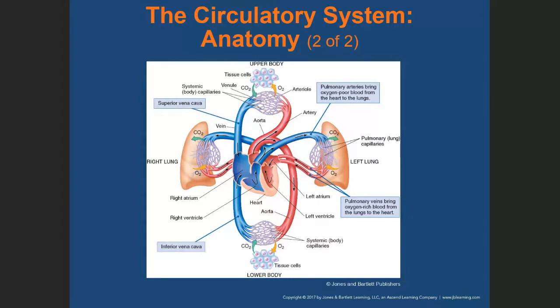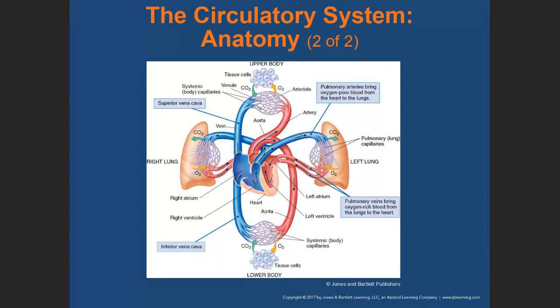That's the septum. Now, within the heart, there are valves and there are valves outside of the heart, right? So you have valves within the heart and you have valves within the pulmonary artery and you have valves in the aorta. Right? On the right side of the heart, you have the tricuspid valve.